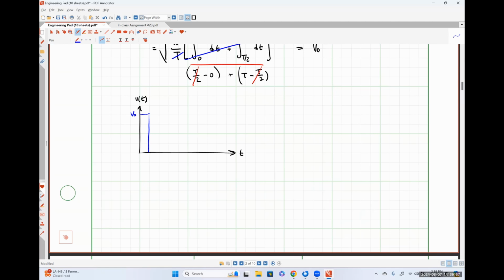And then it's going to drop down to 0. I'm going to call this point in time X times capital T. And then over here, this will be capital T.